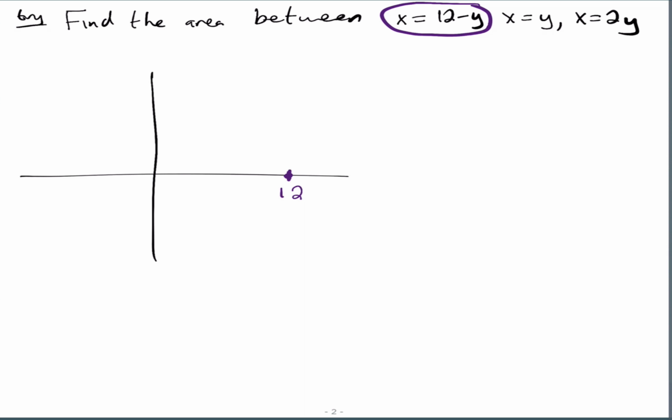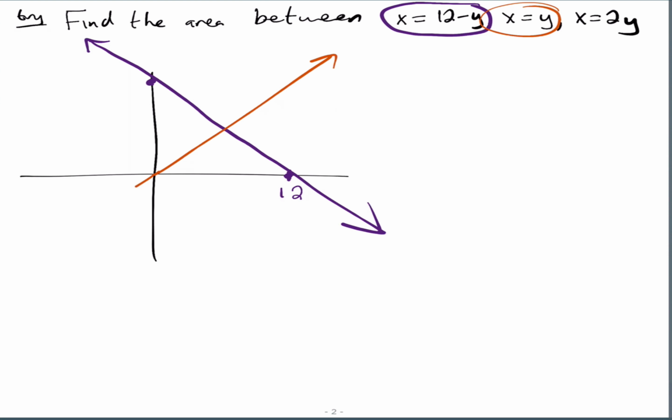What's another point? 0, 12 on the y-axis. Okay, so that's good. That's the line x equals 12 minus y. And then x equals y. Well, that just looks like that, right? So that's x equals y.